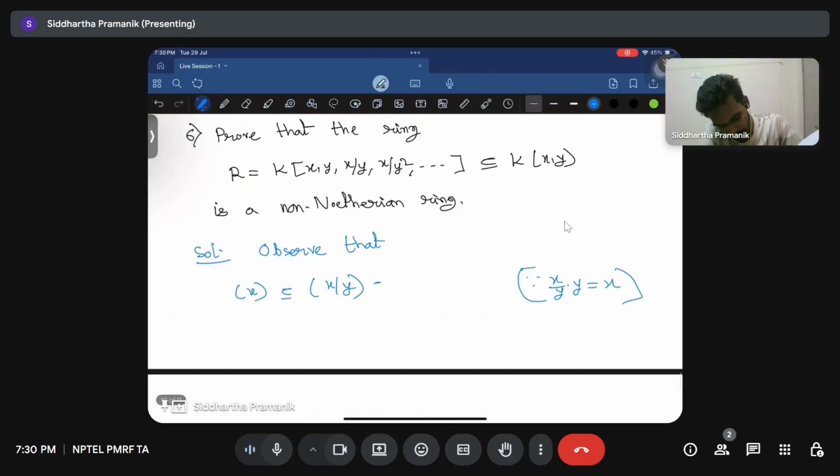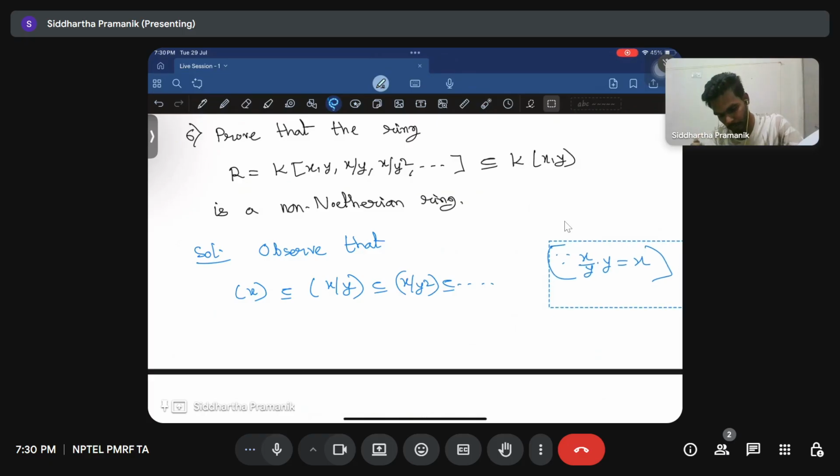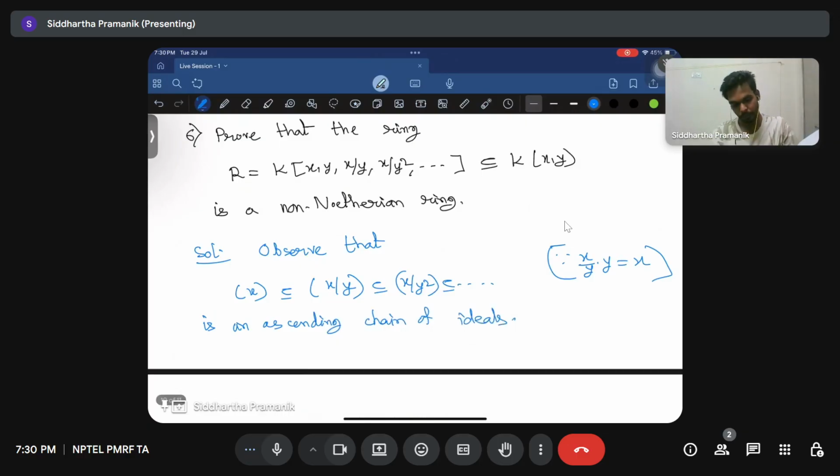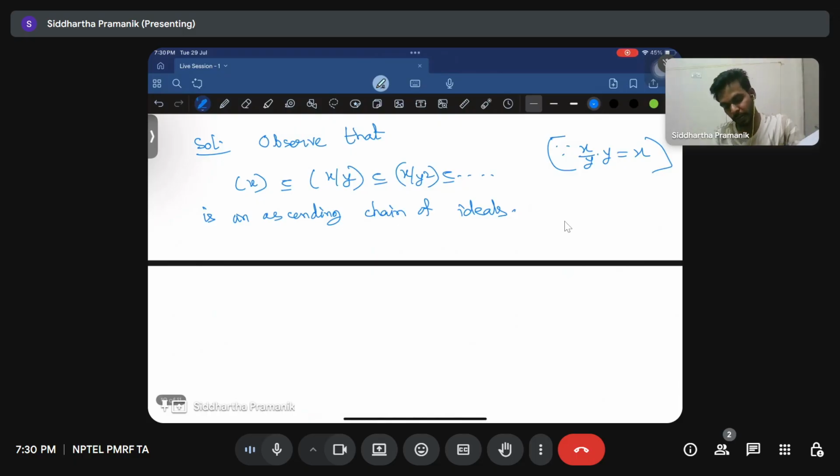This is contained in the ideal generated by x/y², again for the same reason. This is an ascending chain of ideals. We need to prove that this chain does not terminate, so we will prove that at all stages we have proper subsets.